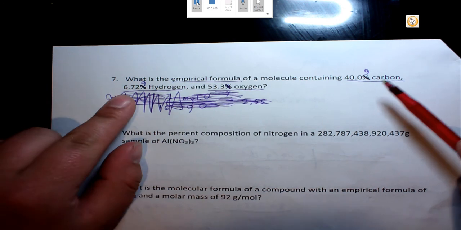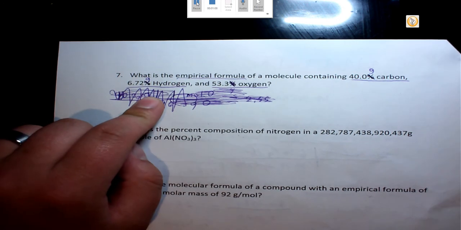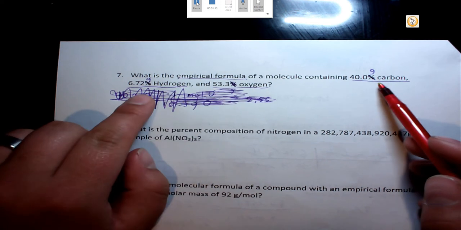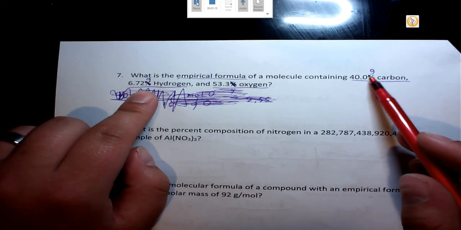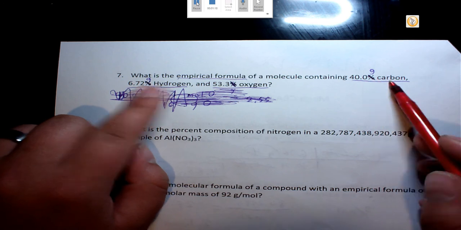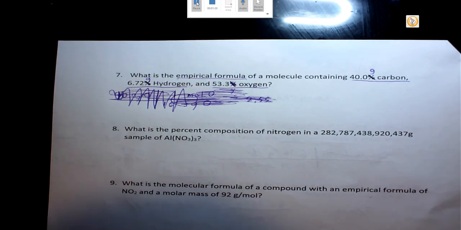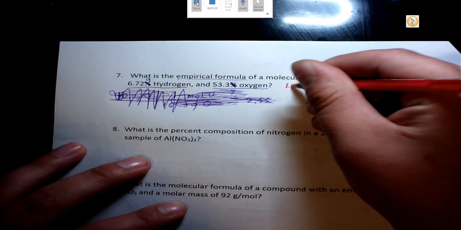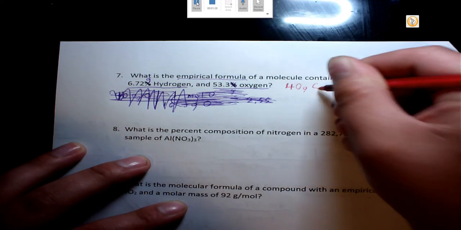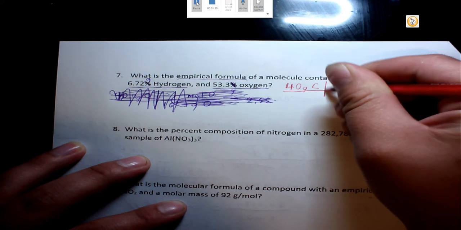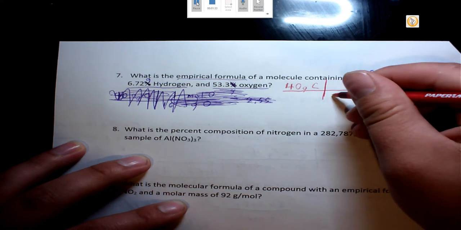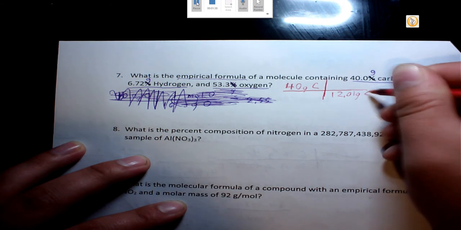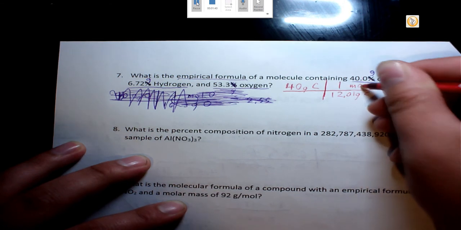So now that we have these as grams, we want to make a formula that compares the amounts of these. But as we know, we can't compare stuff by using grams. So what we're going to have to do is convert all of these first to moles and then make a ratio. So beginning with carbon, we have 40 grams of carbon, and carbon has a molar mass of 12.01 grams per 1 mole.